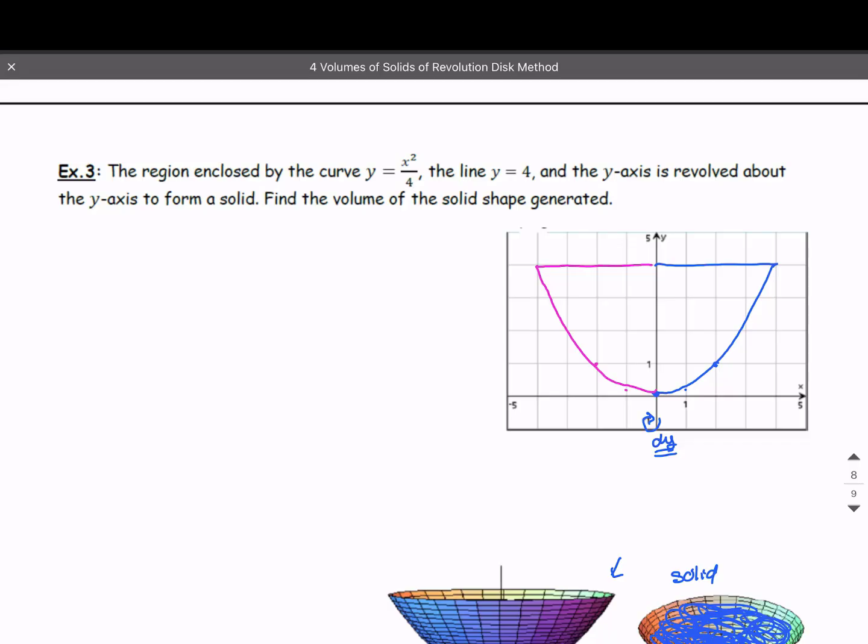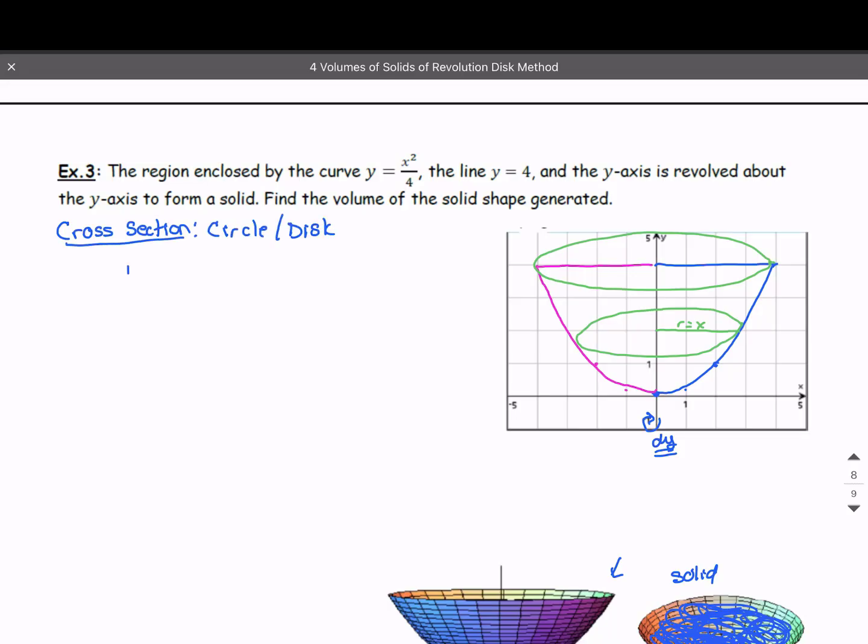Okay, now remember, this is a circular opening up top, and the cross section is also a circle where the radius is over here, and that's the x value. Okay, so we have a cross section that is a circle or a disk, and the area is pi r squared.